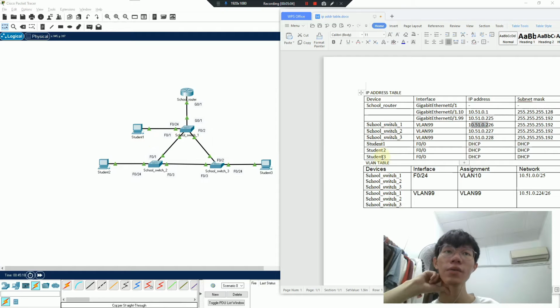All the IP addresses and subnet masks for the PCs will come from the DHCP server, which is the router.